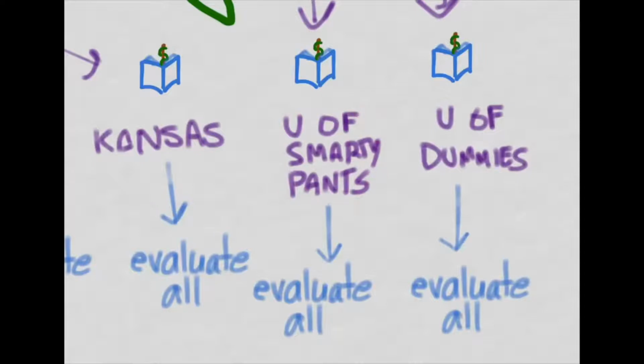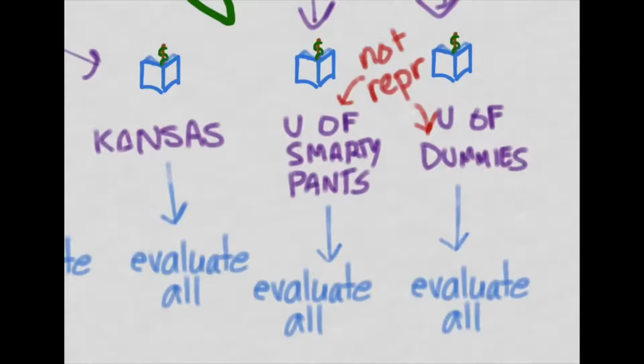They're below average. And so these are not representative. And so as being not representative, they don't make good clusters. And so then this would not be a valid sample. Since even though they are homogeneous within their group, everyone at the University of Smarty Pants is highly intelligent, and everyone at the University of Dummies is below average, but they are not representative of the entire population of medical students in the United States, so these are not good clusters.